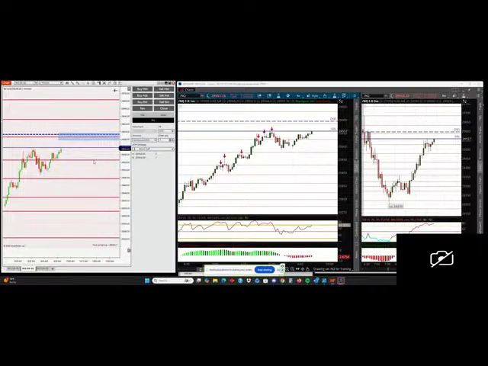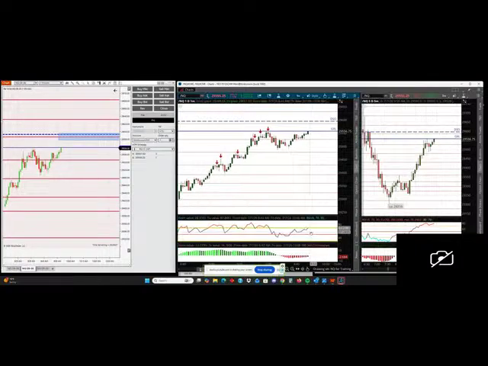See, it went back and tested the Globex low again. I want this RSI on the 1 minute to go above the 70. It just turned down.